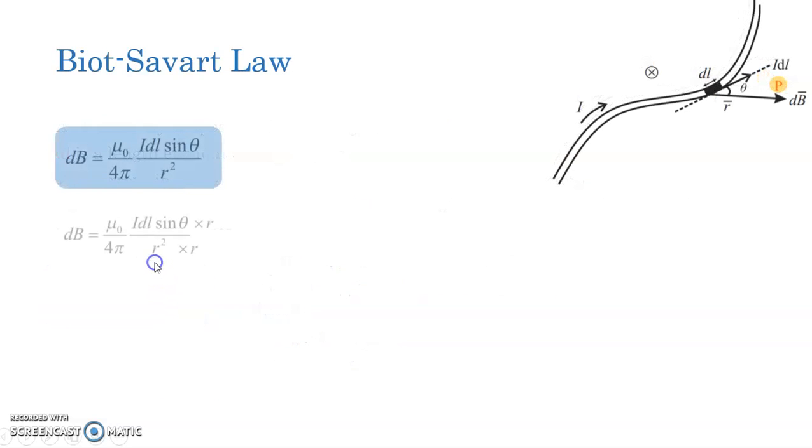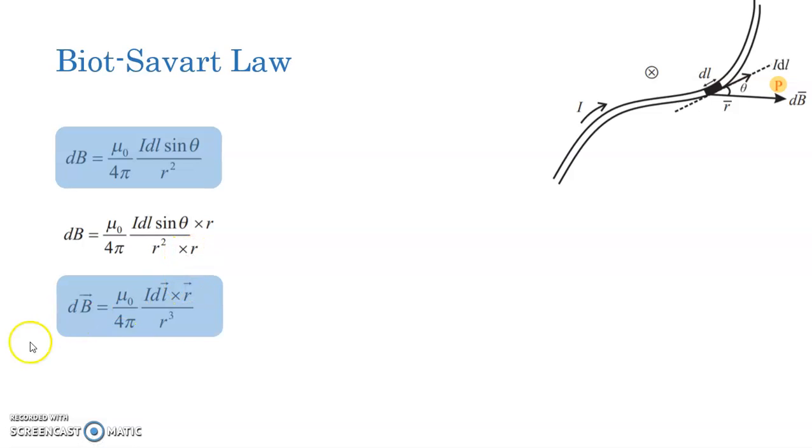Multiplying and dividing this equation by r, we get dB is equal to mu naught divided by 4 pi I dl sin theta multiplied by r divided by r square multiplied by r. By making use of the definition of cross product, we can write dl r sin theta as dl bar cross r bar, and r square multiplied by r will be r cube.